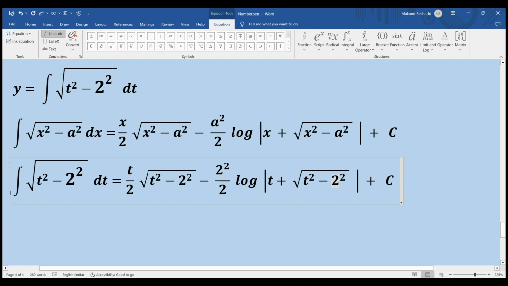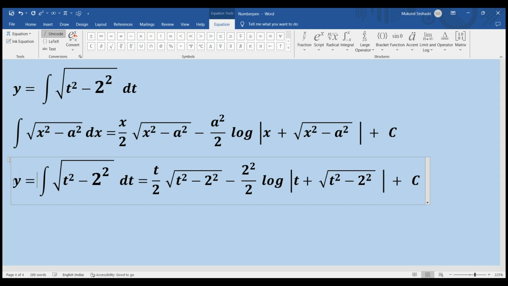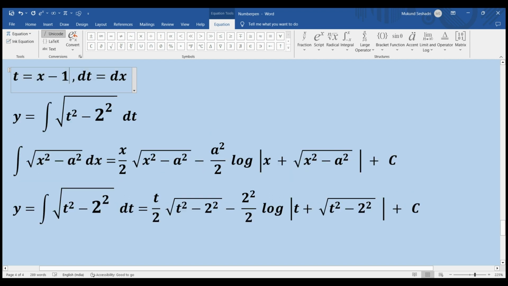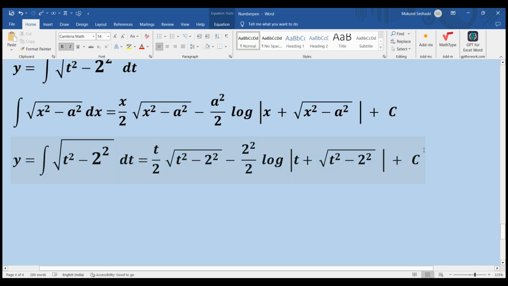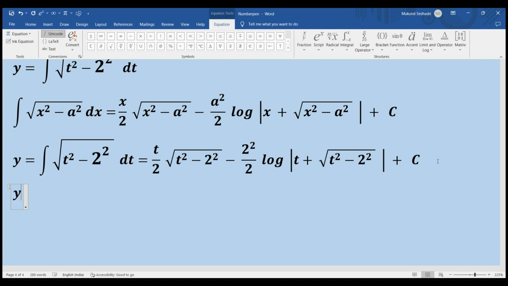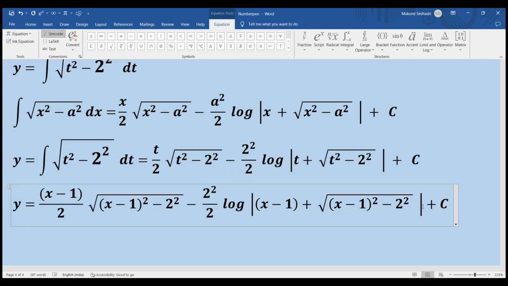So now I have my y, but it's in terms of t, right? So all that I need to do is recollect the substitution I made. Let me highlight that in yellow. The substitution that I made originally is t equals x minus 1, right? So what we do now is just replace my t with an x minus 1. So there I have my y, post replacement of t equals x minus 1.